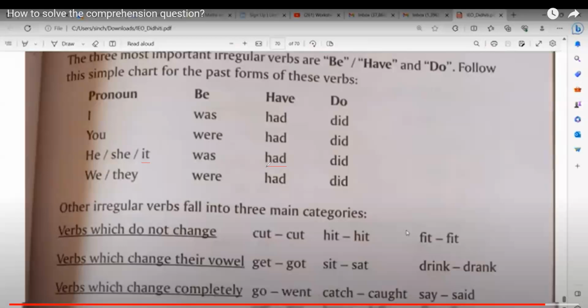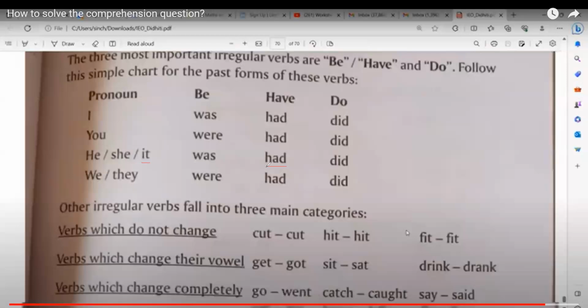Tell me yes or no. If no, then why? Yes, ma'am, it is correct. It had a bunch of grapes. Very good.